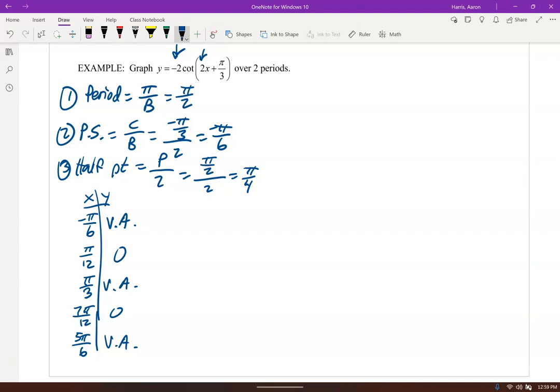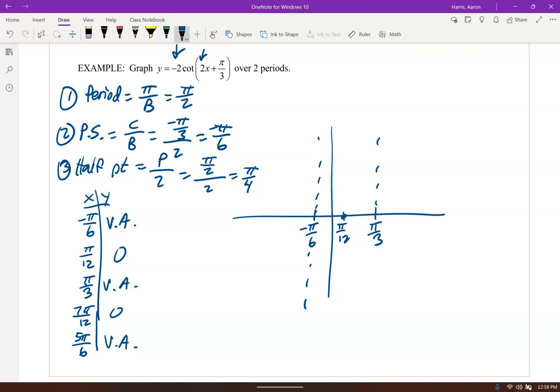Those will all be intercepts. Let's go ahead and graph this. So negative pi/6, we've got this vertical asymptote. Pi/12 right there. And pi/3, another vertical asymptote. 7 pi/12 hits 0.